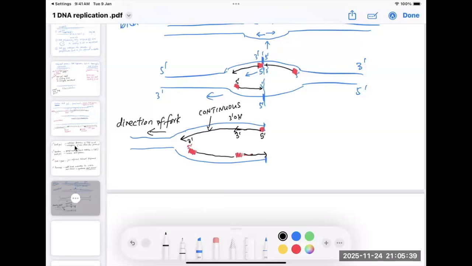The bottom one, this is 5' here. So it will be 3' here, right? So the top will be 5' here, 3' here. So where would I put the primer? At the origin or at the fork? The origin. Yes, perfect. Here. And then here I extend.